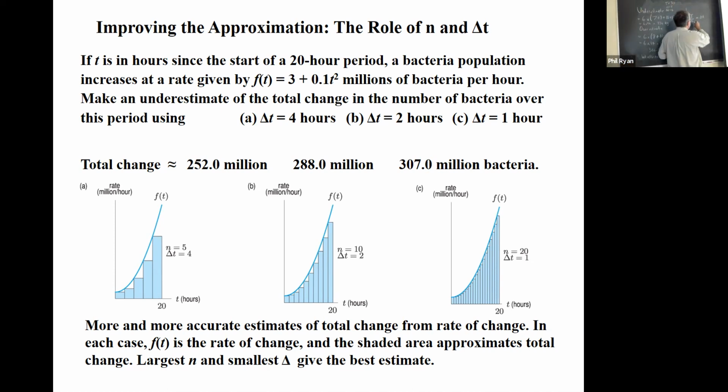There are two things that measure how fine we go, n and delta t. Delta t is the width of the rectangles. N is the number of rectangles.